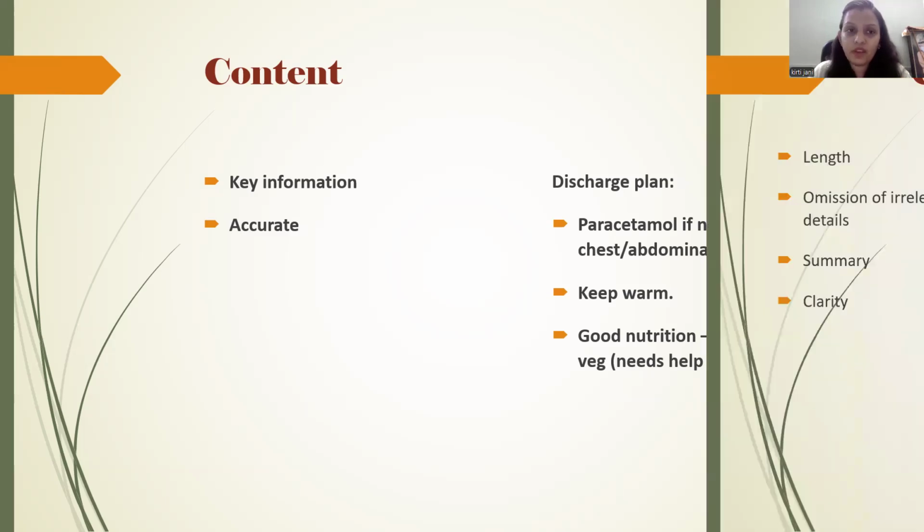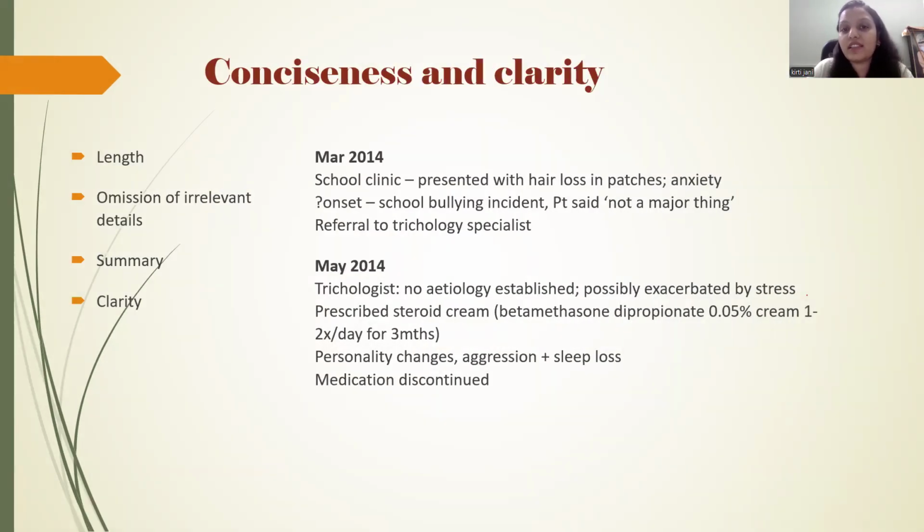So you need to keep in mind that your information should be accurately explained in your letter. Okay, fine. Next is conciseness and clarity. Here we have four features. The first is length. The length of your letter, the word count, starts from your introduction paragraph till the end of your last paragraph, and it should ideally be 180 to 200 words.